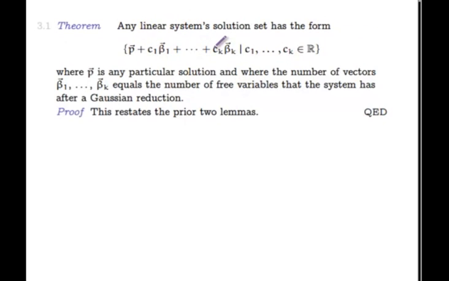All right. Now, if any of these betas are non-zero, and there is in fact a particular solution, then we can see there is an infinite number of solutions. Okay.